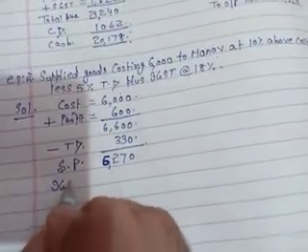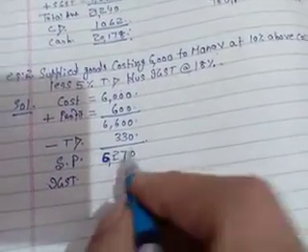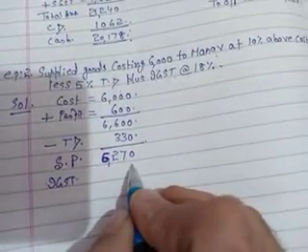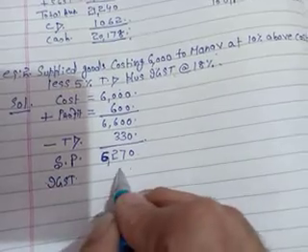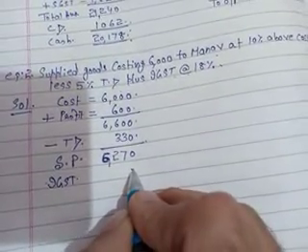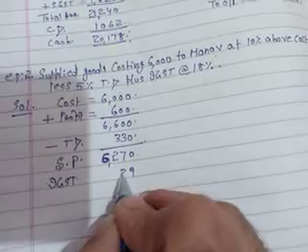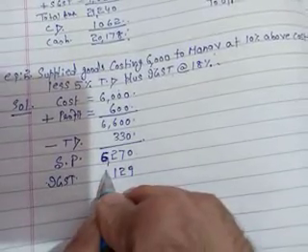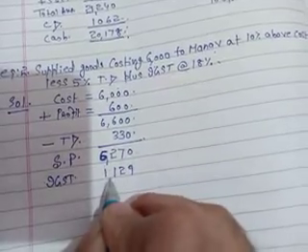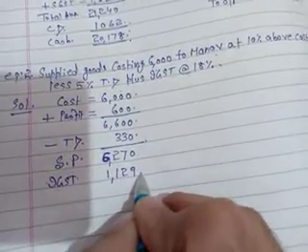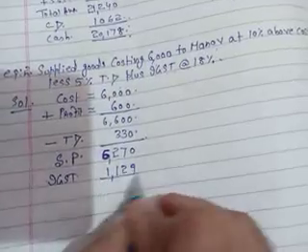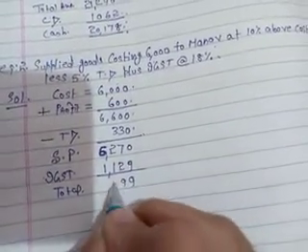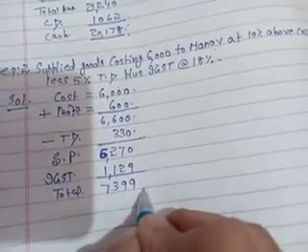Okay, and IGST 18%. 18% comes out to be around 1,129 rupees. Okay, and the total amount payable is 7,399.